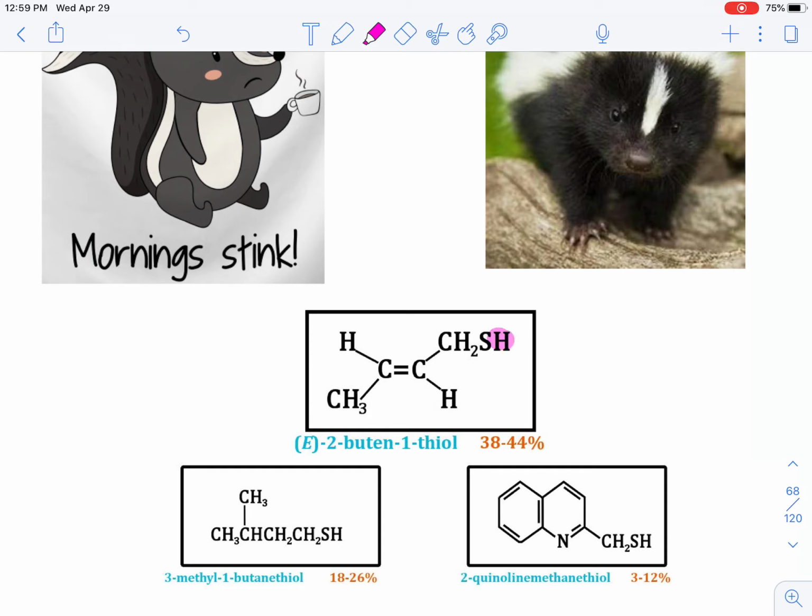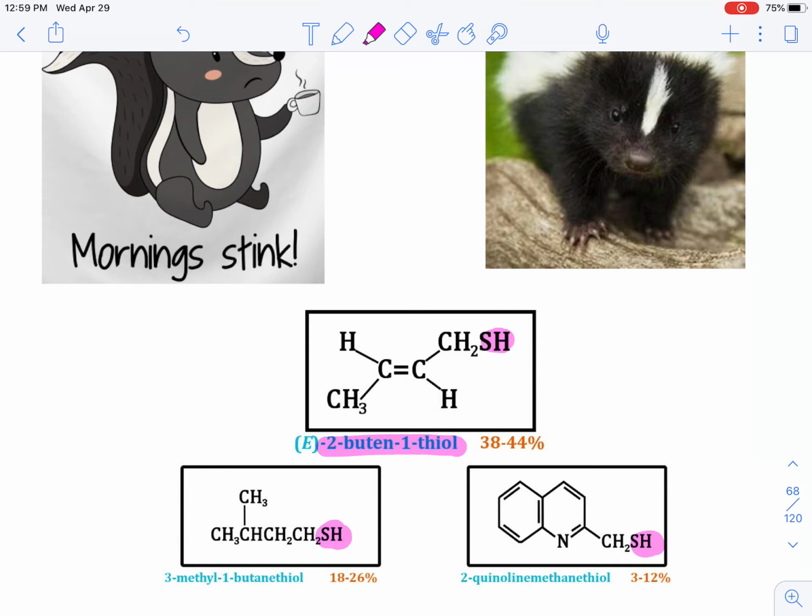Here we have a sulfhydryl group, here we have another, here we have another. It looks like 38 to 44% of that liquid mixture that produces that foul odor that we associate with skunks is going to be E2-buten 1-thiol.